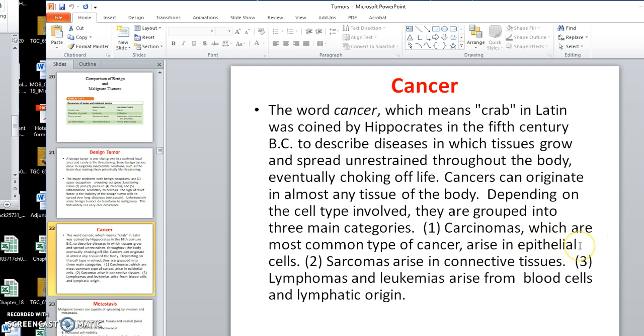We've got 4 different tissue types we'll talk about in A&P in the 4th chapter: epithelial, connective, nerve, and muscle. Those are the 4. A carcinoma is one of epithelial tissue. A sarcoma is one of connective tissue, and lymphomas are of blood and lymphatic origin.